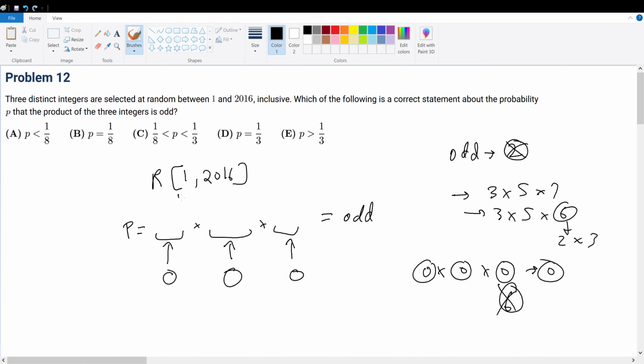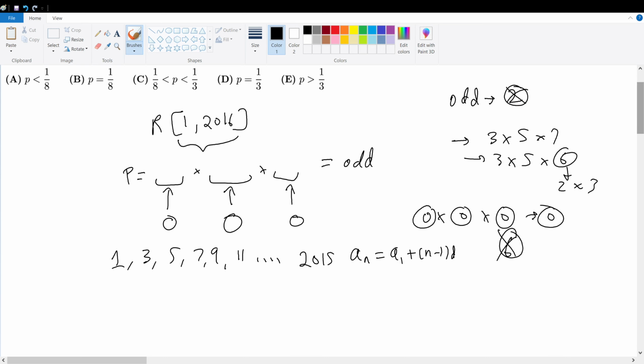How many odd numbers are within 1 to 2016 inclusive? Well, we start with 1. 1 is odd, then it's 3, then 5, then 7, then 9, then 11. So you see where this is going. This is going to go all the way on to 2015. How many terms are within here? Well, this is an arithmetic progression. So the nth term is equal to a1 plus n minus 1 times the common difference. We are trying to find n here, the number of terms.